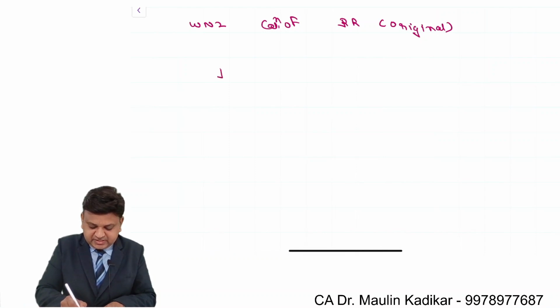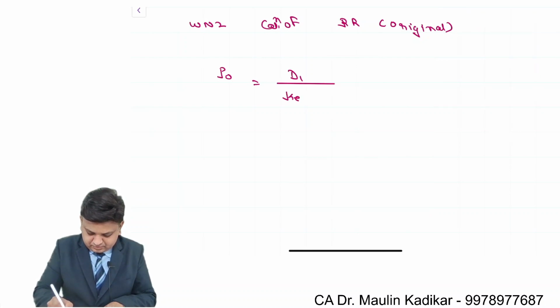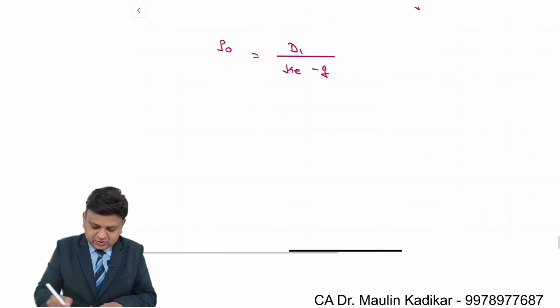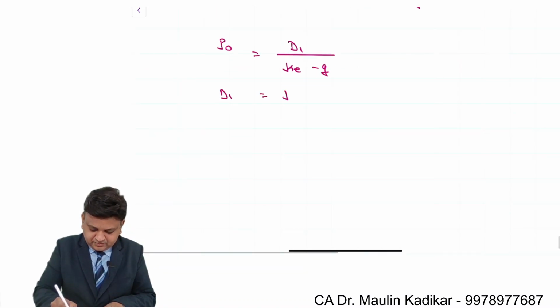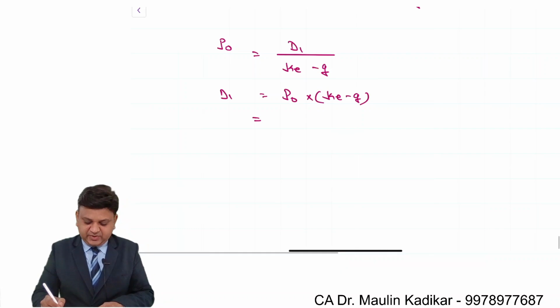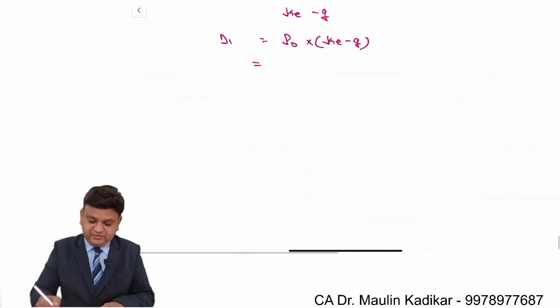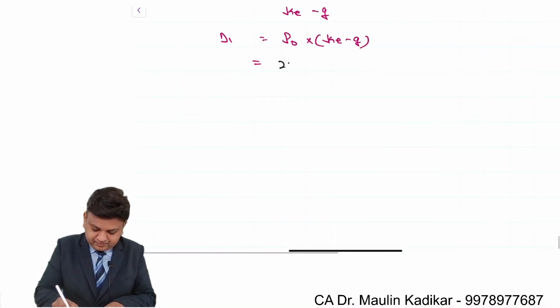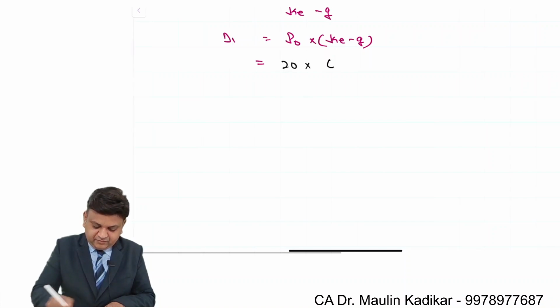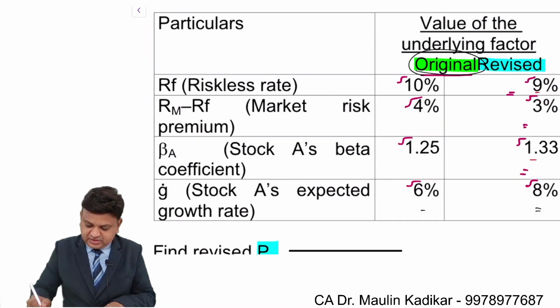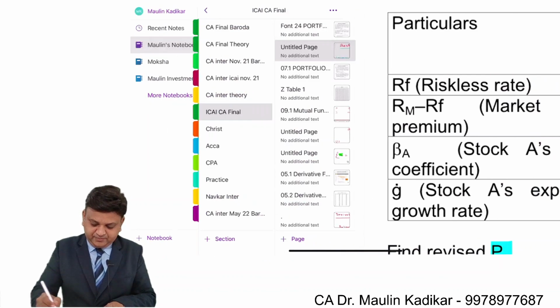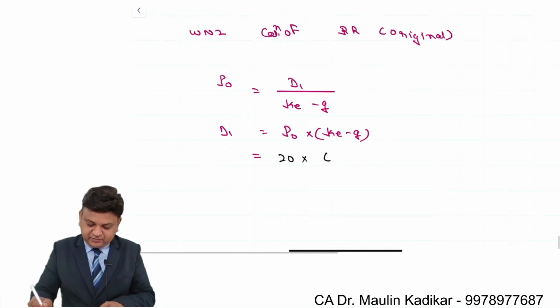So in that case we understand P0 is equal to D1 upon KE minus G. So as far as the D1 is concerned, it is P0 into KE minus G. What is the current market price of the equity share? Current market price of the equity share is 20. What is the cost of equity? Cost of equity is, we are required to compute the required rate of return.